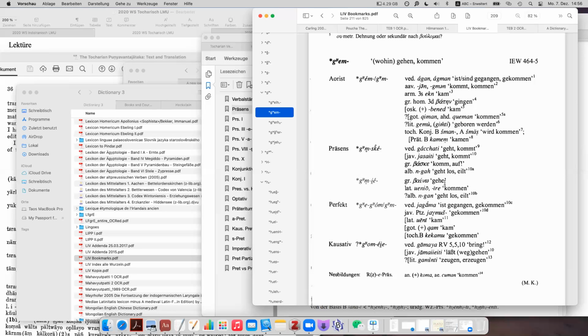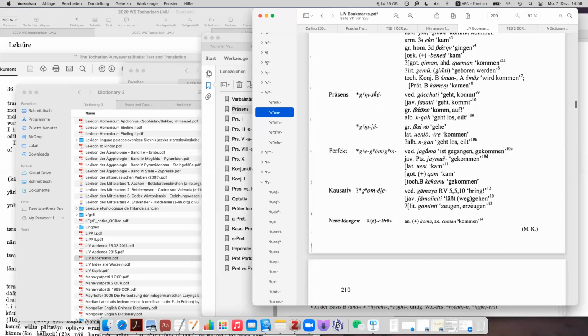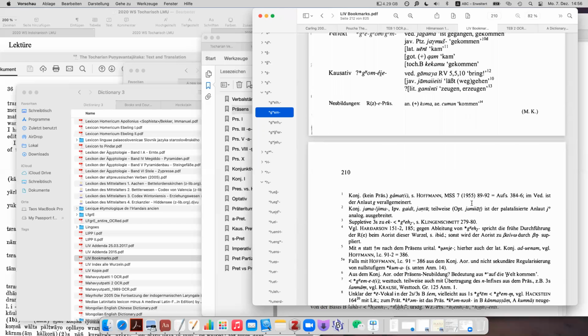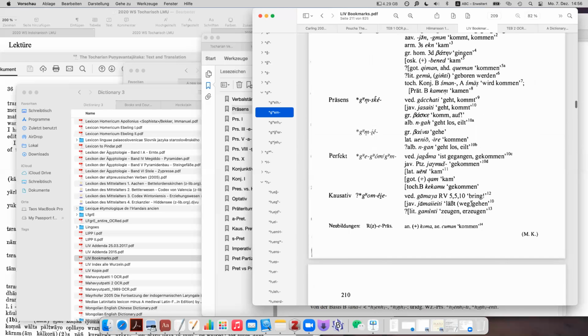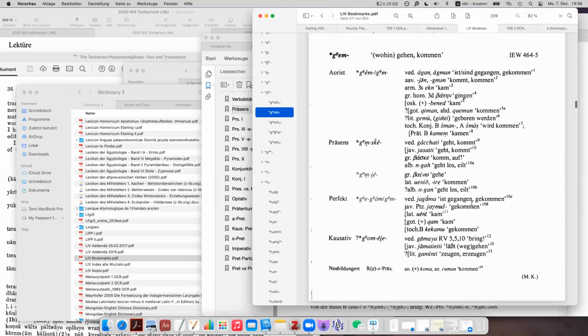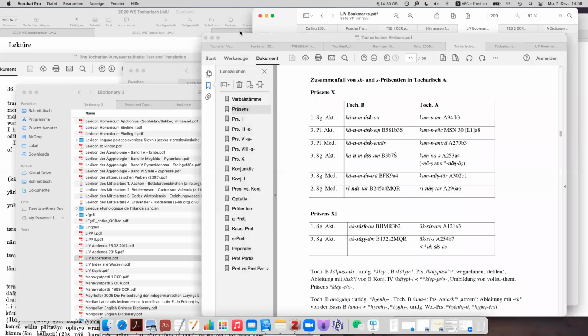But in Tocharische it's preserved as subjunctive. Yeah, but present is not recorded here because in Tocharische the present is again changed. Yeah, kumsam.